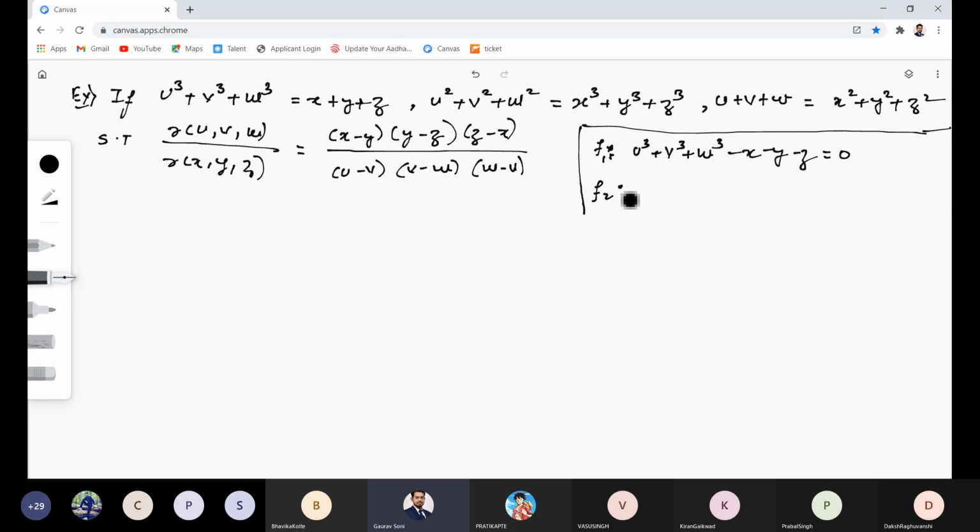What is our f2? u square plus v square plus w square minus x cube minus y cube minus z cube equal to 0. F3: u plus v plus w minus x square minus y square minus z square equal to 0.